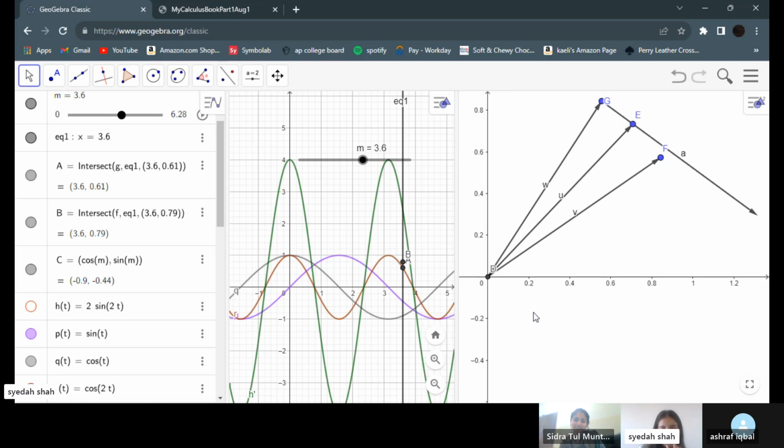Okay, I think the connection is because all these points are on the circle, so they're all related. And the vectors that are being made, wouldn't you say they're like the radius of the circle, because they're taken from the origin to a point on the circle? Yeah, so that'd be the radiuses.